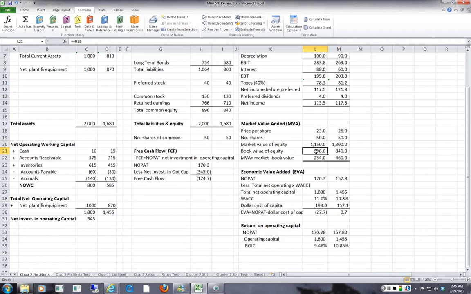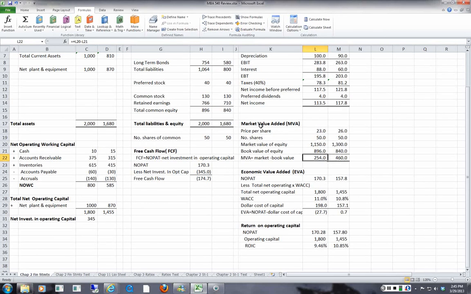And from that, we deduct this total common equity of $896,000 and $840,000. So the market value added, MVA, is the difference between the market value of equity and the book value, which says market value added has increased by $254,000 in 2010 and $460,000 in 2009.